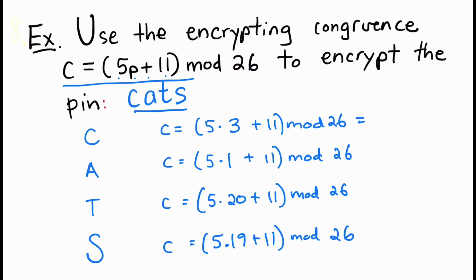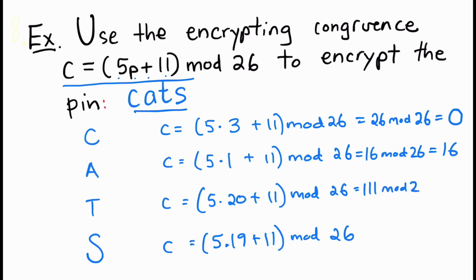Okay, and then this is equal to 26 mod 26, which is just 0. So that just corresponds to Z, right? And then we have here 16 mod 26, and that's just 16. And here we have 111 mod 26. So if I divide 111 by 26, the remainder is 7. And here we have 106 mod 26.